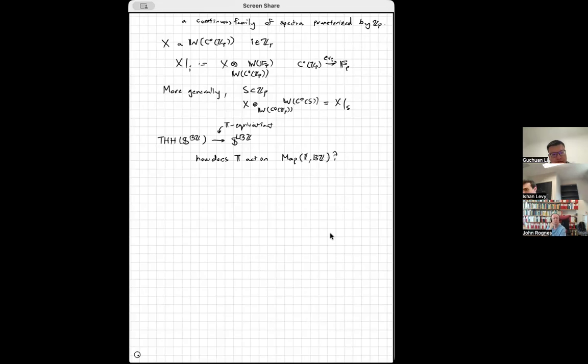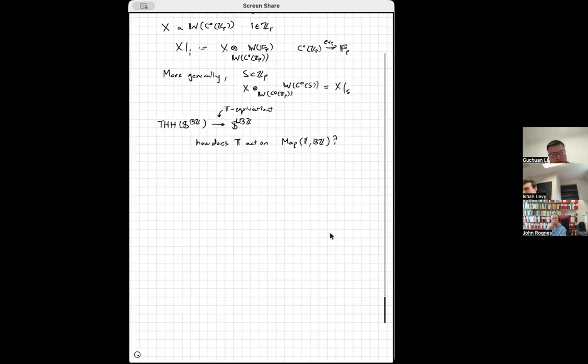Well, on the ith component, which recall is just Z times BZ, where this Z is recording the degree of the map, the circle acts by rotation at speed i.